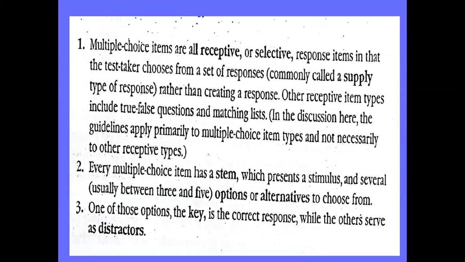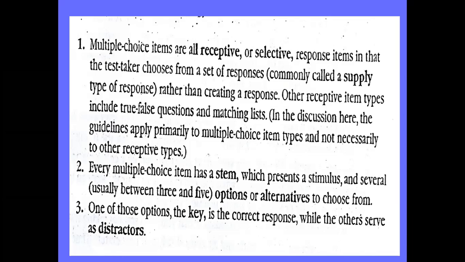Okay, here, Renee, can you help us, please? Yes. Multiple choice items are all receptive or selective response items in that the test taker chooses from a set of responses, commonly called a selection type of response, rather than creating a response. Other receptive item types include true-false questions and matching lists.